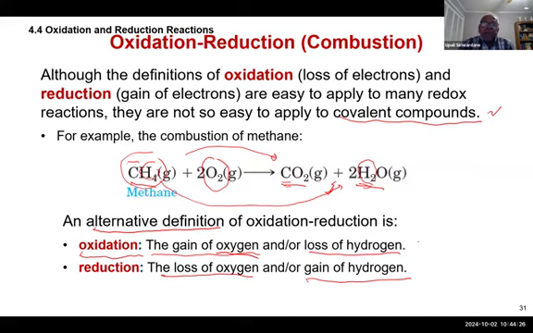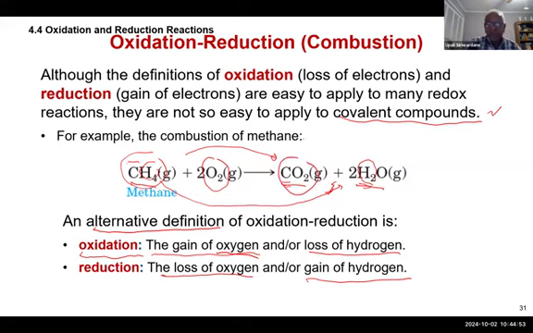Now, when you look at covalent compounds and their reactions in redox reactions, you look at whether substance gain oxygen. That's oxidation. If the substance lose, this CH4 lost hydrogen, carbon dioxide don't have hydrogen.